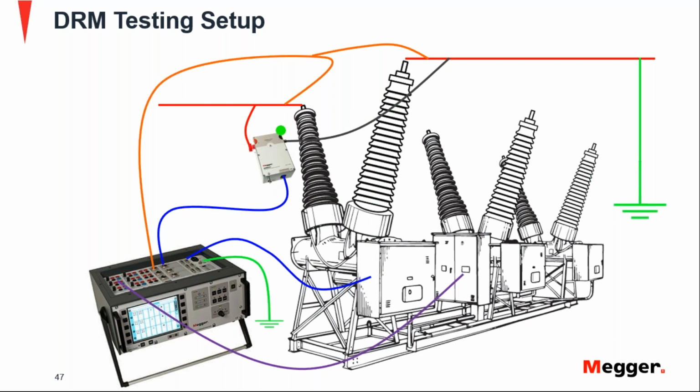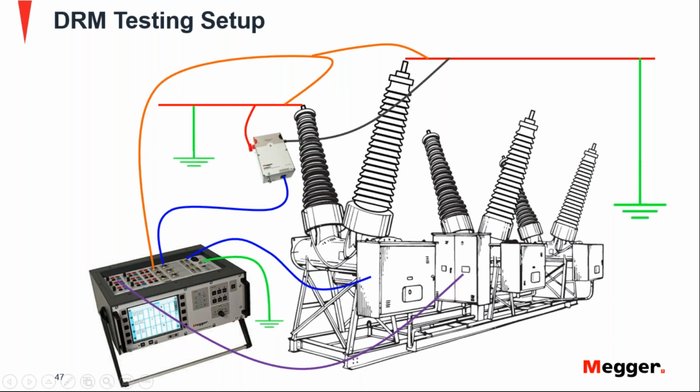Now you need a current source capable of injecting around 100 amps or even higher to be able to get a good resistance measurement. And you operate the breaker while that current injection is happening, and these leads, instead of applying voltage as they were doing before, are now measuring the voltage drop across the contact while the breaker is operating.